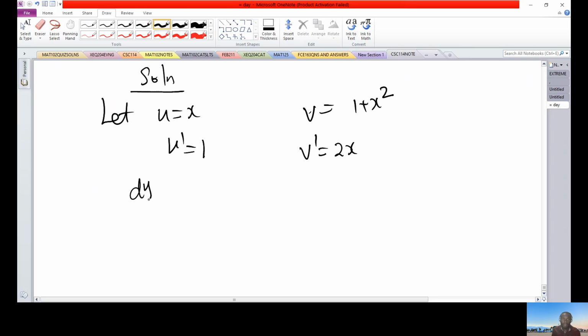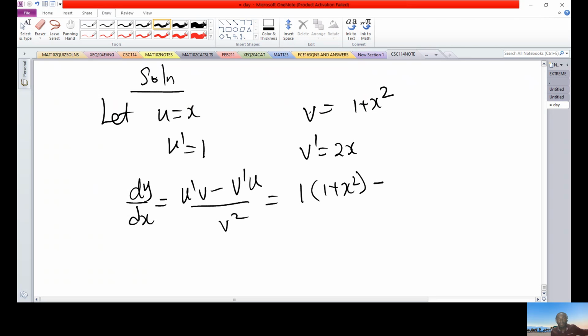So dy/dx will be given by (u'v - v'u) over v squared, which will be 1 into (1 + x squared) minus 2x into u, which is x, over (1 + x squared) squared.